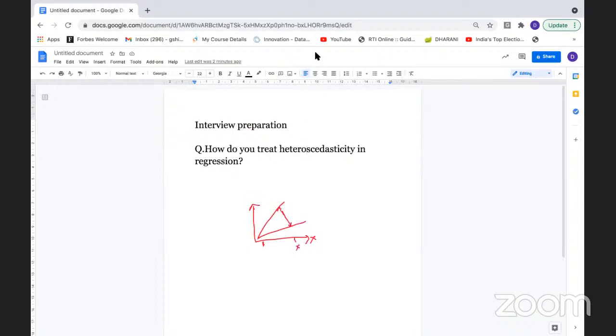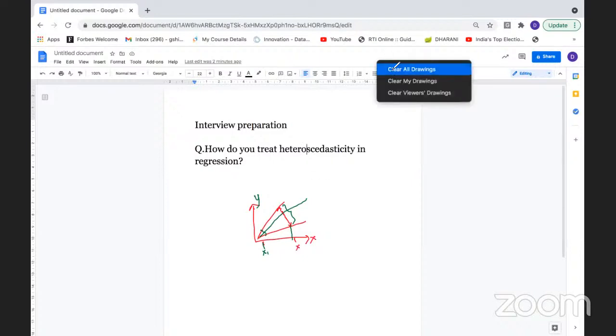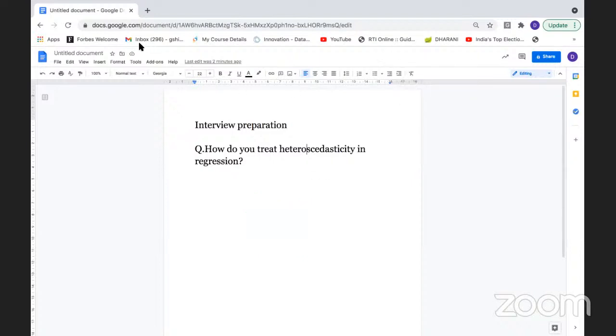Suppose the best fit line is the green line; see the error term here and the error term here, for a different value of X. If you are scattered like this, then definitely we are into this particular problem. What is the cause of this heteroskedasticity? That should be addressed first, then you will say how you treat it.